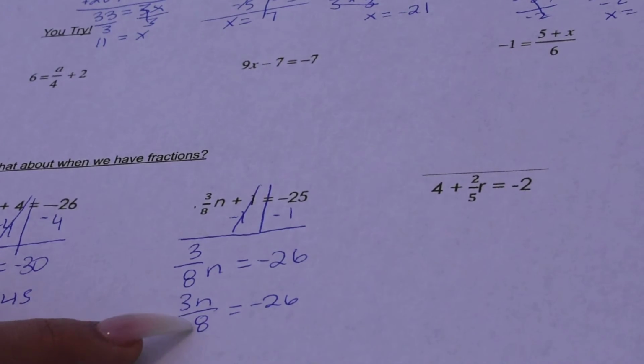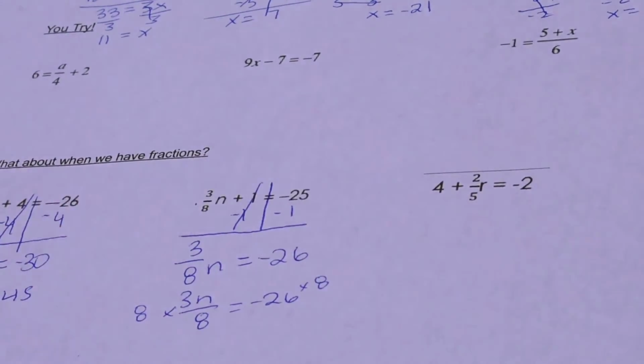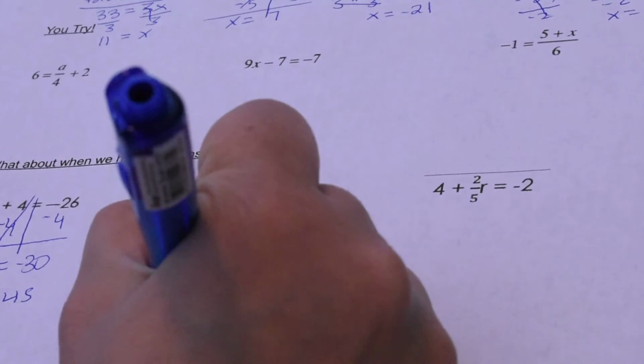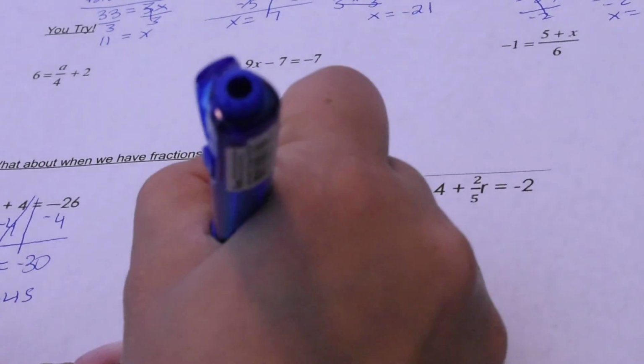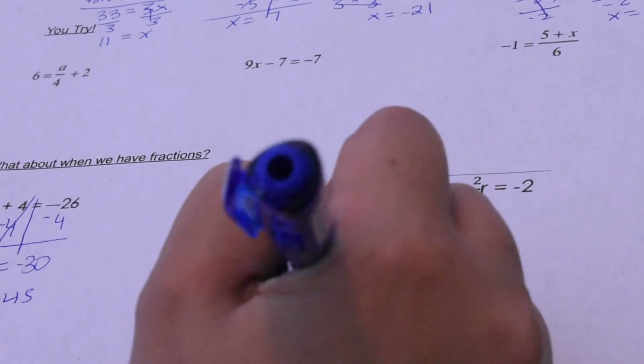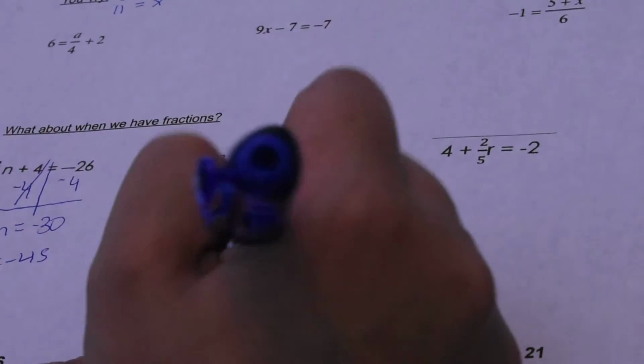So 3 times n divided by 8, multiply by 8 on both sides. I'm going to use a calculator. So negative 26 times 8 is negative 208. So that cancels. So 3n equals negative 208. 3 times n, I do the opposite of times 3.